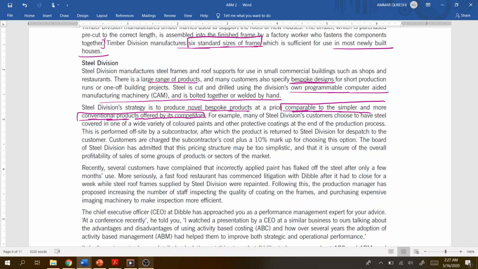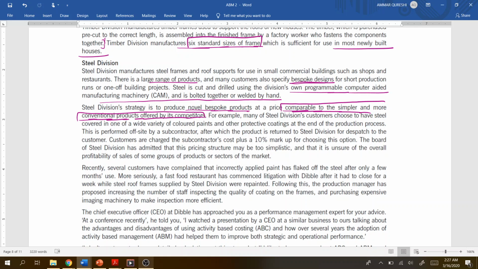So we are charging a similar price to the product offered by the competitor, despite the fact that our product has a unique property in the sense that the customer is asking us to prepare the product.